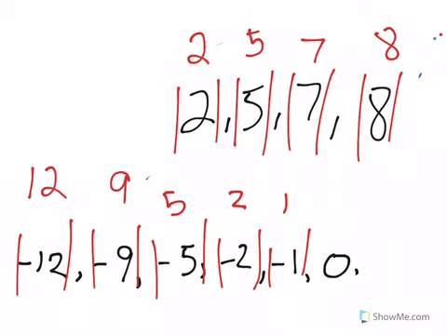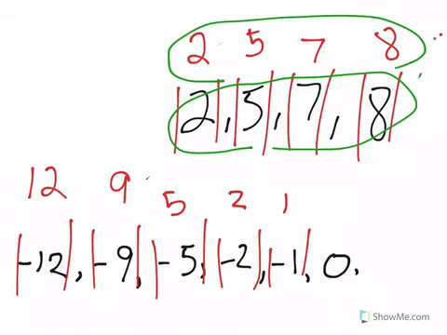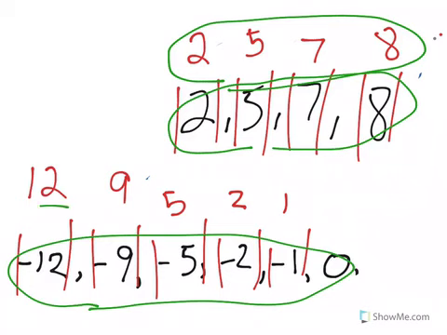So one thing you need to understand here is that the order of positive numbers is the same as their absolute value. So if I said put these in order from least to greatest, these are already positive, 2, 5, 7, 8. When you look at their absolute value, it's the same order, 2, 5, 7, 8. The order of negative numbers is the opposite order of their absolute value, because if I asked you to put these from least to greatest, these are in order from least to greatest.